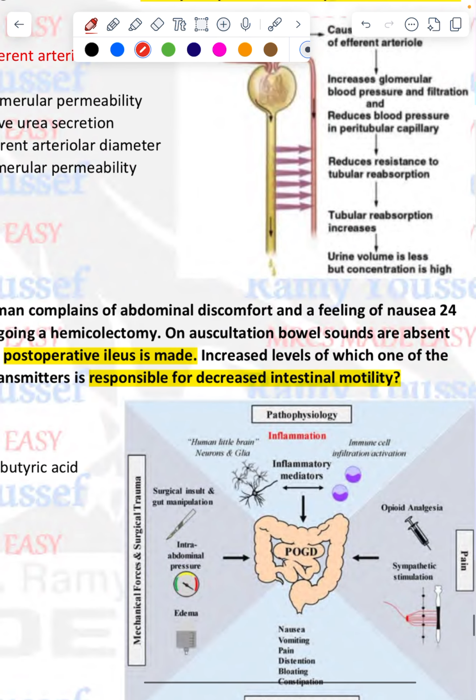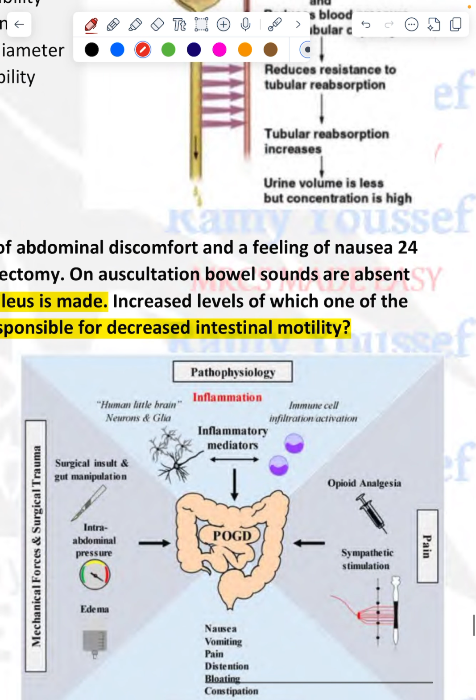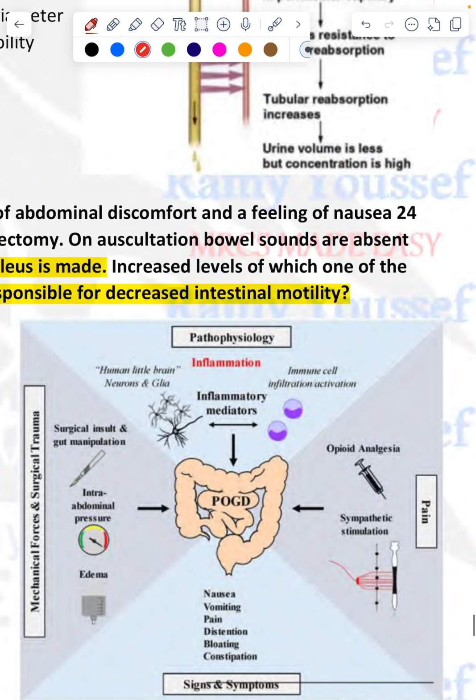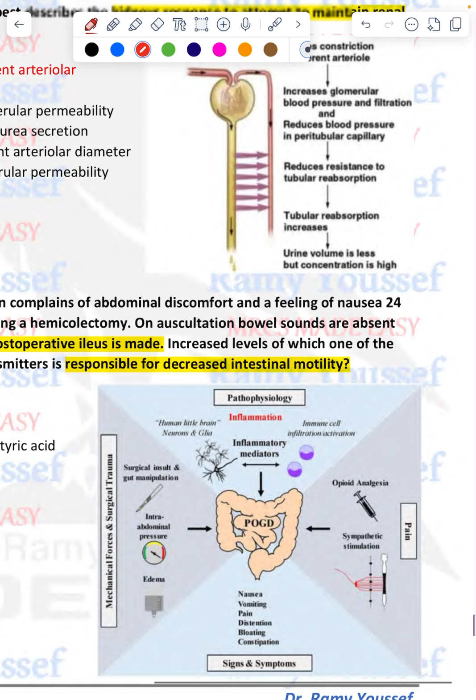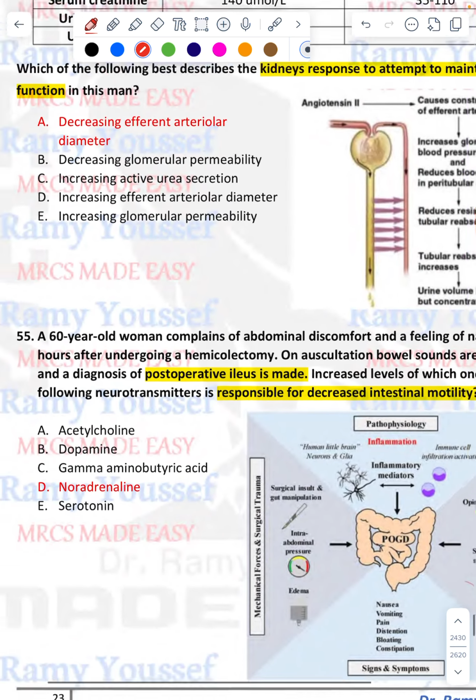Here you have to understand this. Surgical insult, gut manipulation, and increased intra-abdominal pressure cause sympathetic pain; sympathetic stimulation causes nausea, vomiting, and opioid analgesics also cause sympathetic stimulation. Inflammation and inflammatory mediators, all the sympathetic stimulation, cause paralytic ileus.